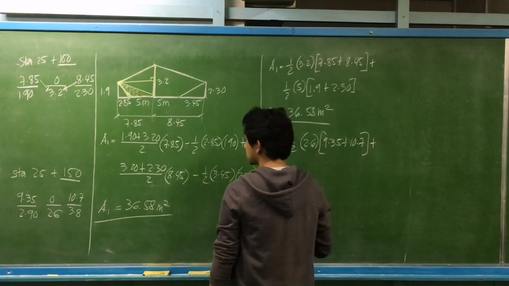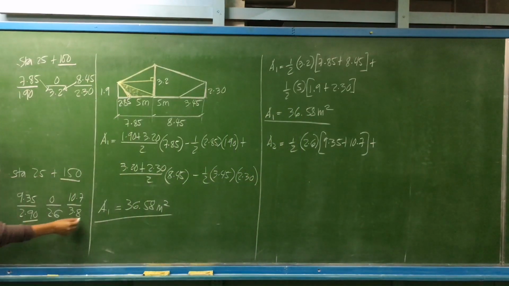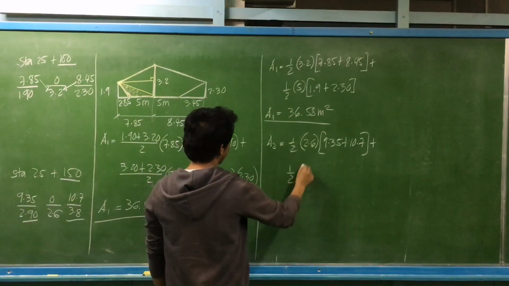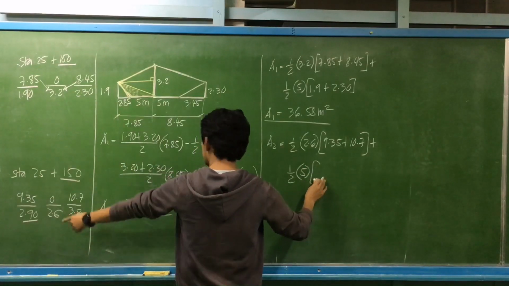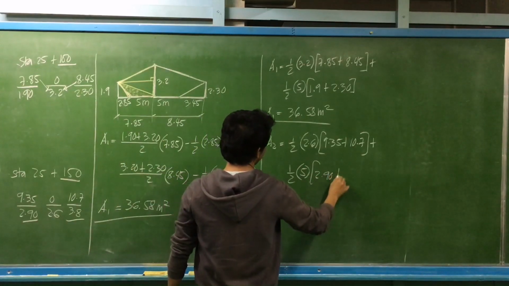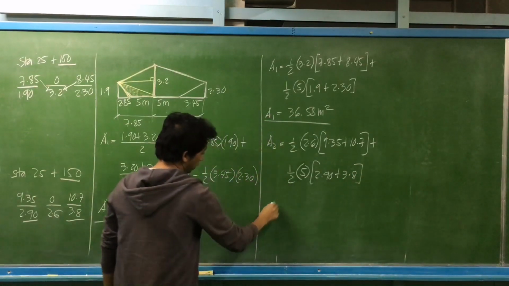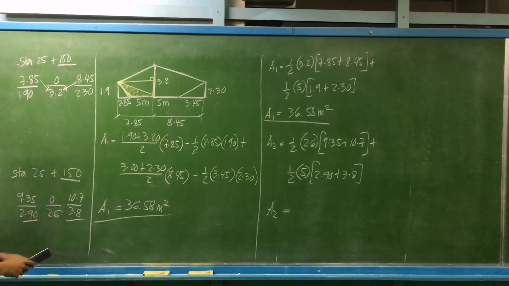Plus, for the two sides, we multiply by 1/2 of the roadway, 5, times 2.9 plus 3.8. Let's get area number 2.